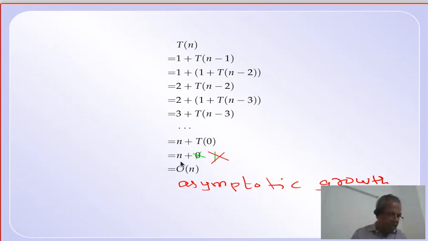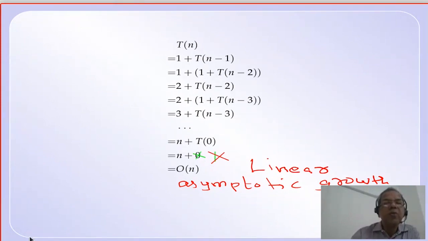And what we get, this big O of n, is called asymptotic growth. We also say it is a linear growth. As n increases, the input size increases, the running time increases linearly.